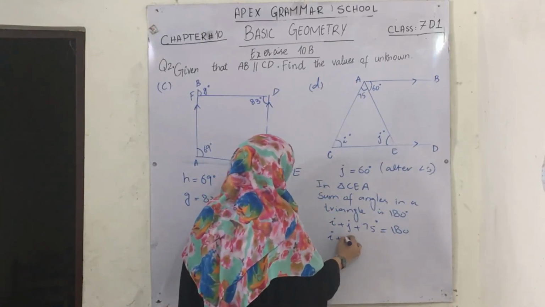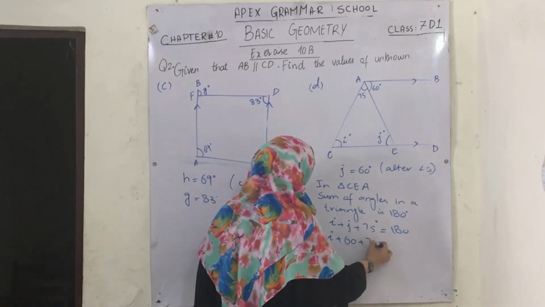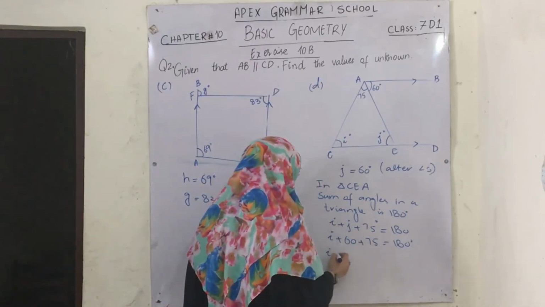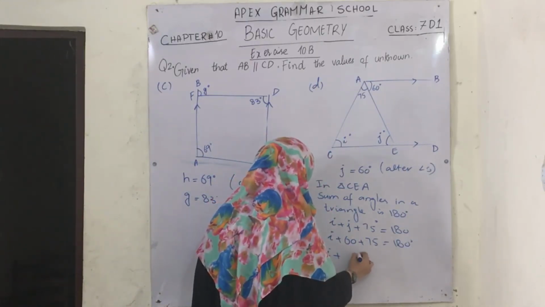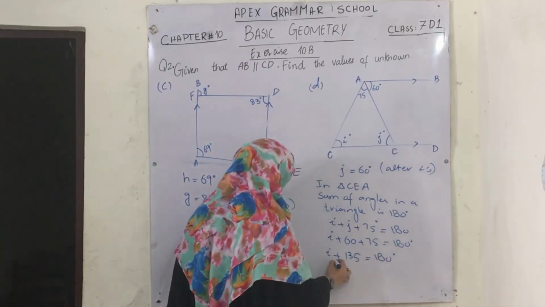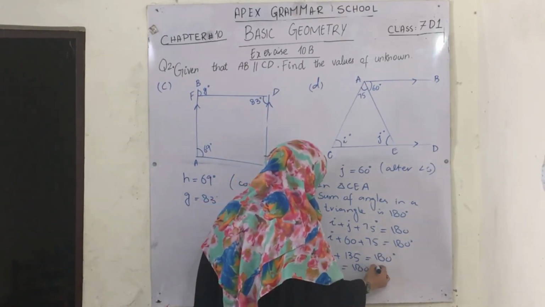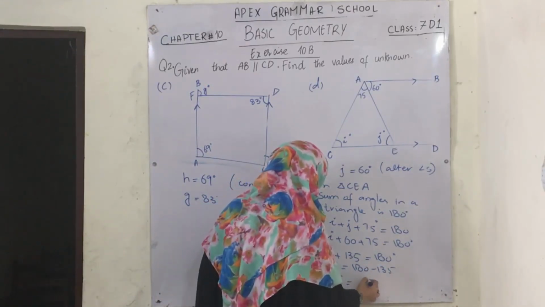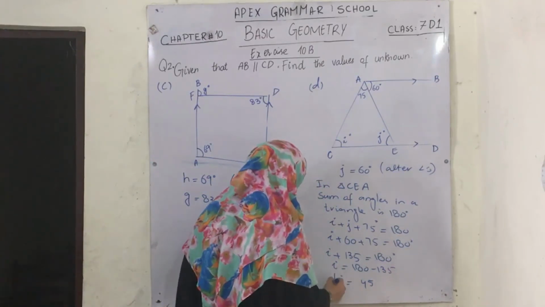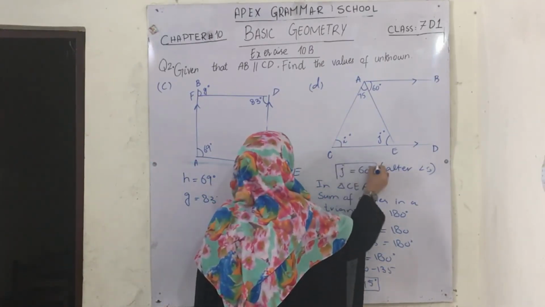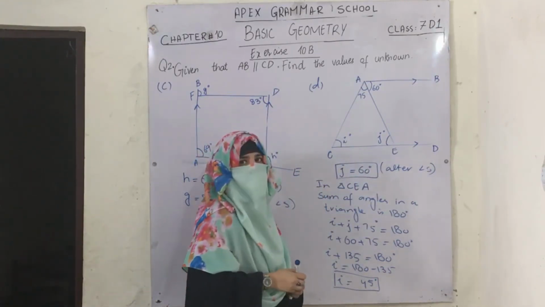So I plus 60 plus 75 equals 180 degrees. When you add 60 and 75, you get 135. 135 is being added, so on the other side it will be subtracted. After subtraction, the value of I comes to be 45 degrees and the value of J is 60 degrees.